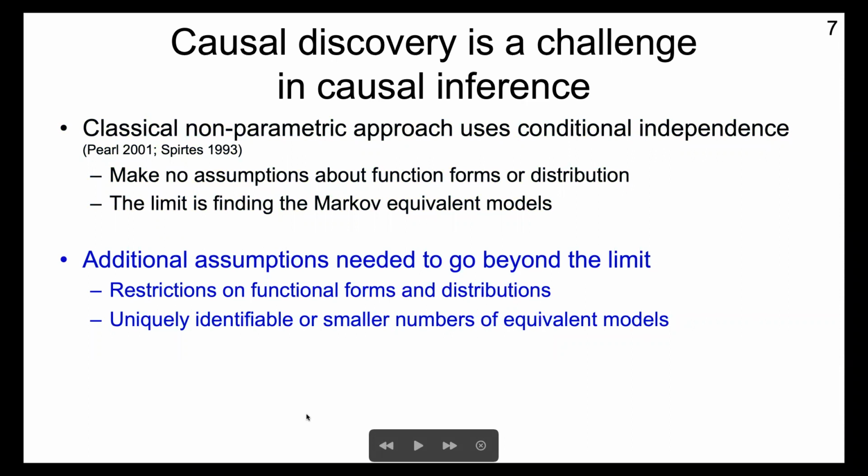To go beyond the limit, we need to make additional assumptions. For example, we make restrictions on functional forms and distributions, or either of which, or both. Then, under such assumptions, sometimes we can uniquely identify the causal graphs, or at least we have a smaller number of equivalent models than that included in the Markov equivalence class.